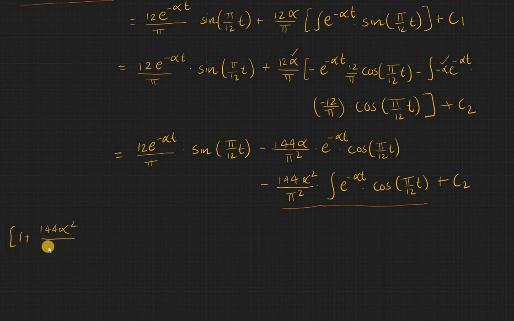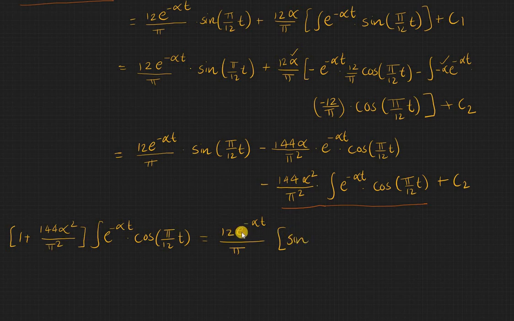alpha square divided by pi square, integration of e to the power minus alpha t cos of pi over 12t is equal to 12 e to the power minus alpha t divided by pi, and into the bracket.